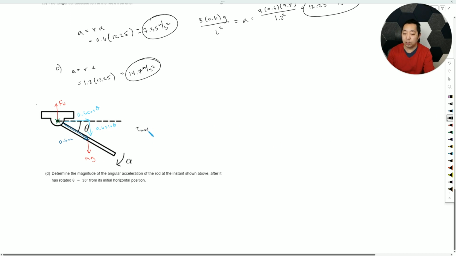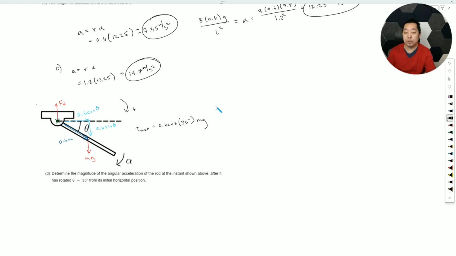So when we do the net torque here, this guy doesn't exert a torque because R is 0. We'll say clockwise is positive. This guy exerts a torque of 0.6 cosine of 30 degrees times mg, because that's what's perpendicular to the gravity. That's equal to I alpha, where I is 1/3 ml squared times alpha.